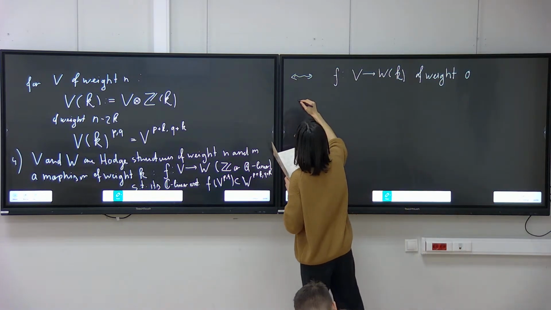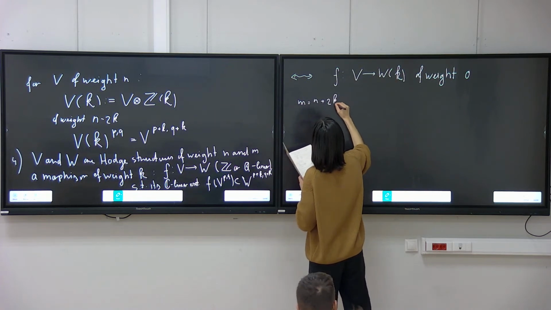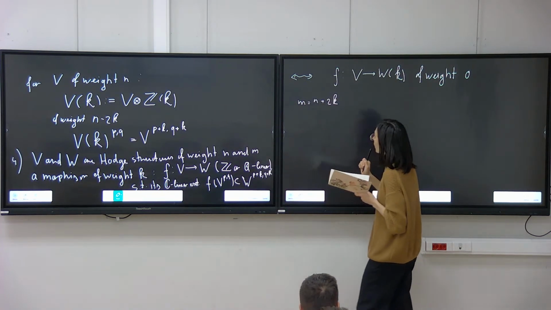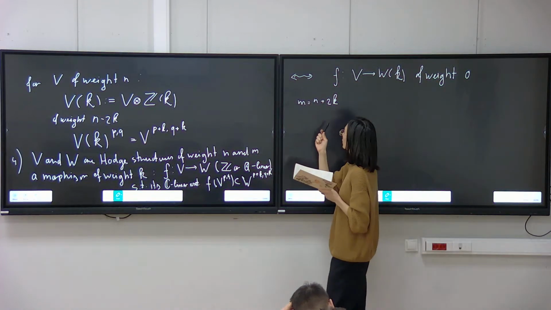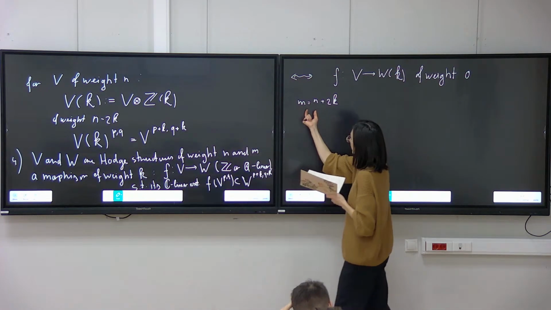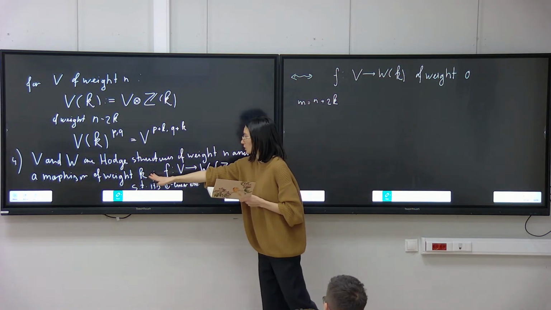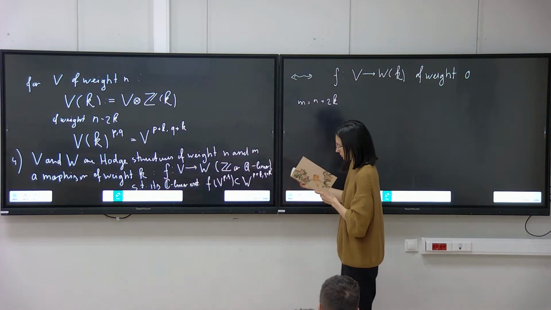So in this case, m should be equal to n minus 2k, so k is determined by m and n, and usually it is just omitted.